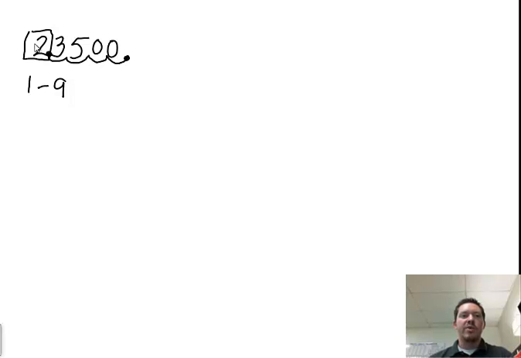So when I rewrite this 23,500 number, I'm now going to write it as 2.35, and with scientific notation I'm going to say times 10, and then I'm going to count how many places I moved the decimal over. So I went 1, 2, 3, 4.